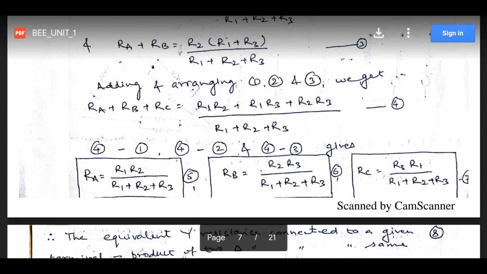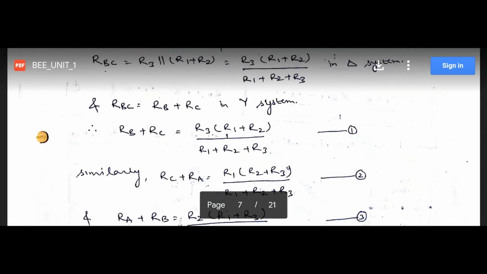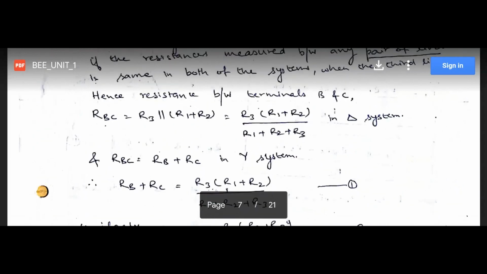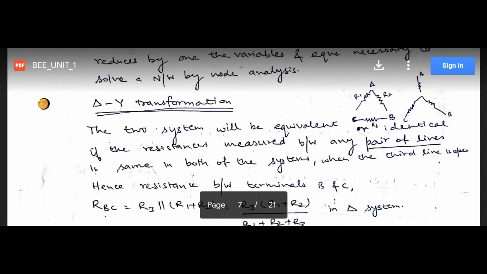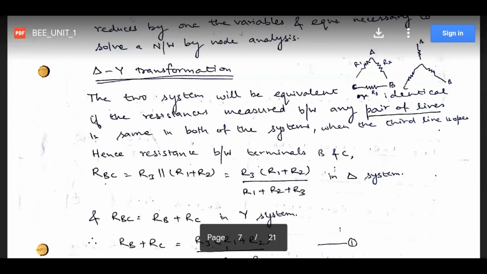Okay, so now we have to get the values of RA, RB and RC. What we are doing here, we started from the delta and we have to reach the star, because first of all we were doing the delta to star transformation.